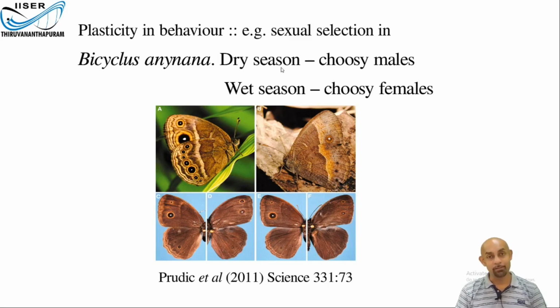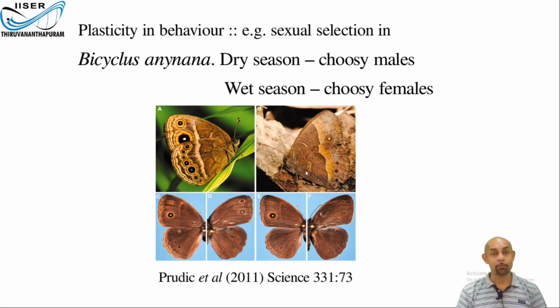In the dry season, the roles are reversed. The males become choosy, the females are not choosy. Again, the males are using the central UV reflective spot as a signal in sexual selection. So it's a very interesting experiment.